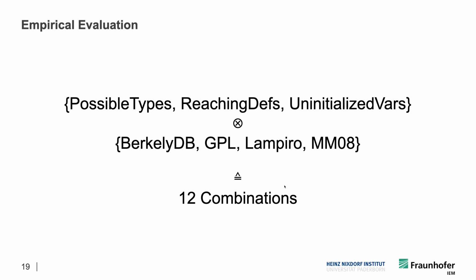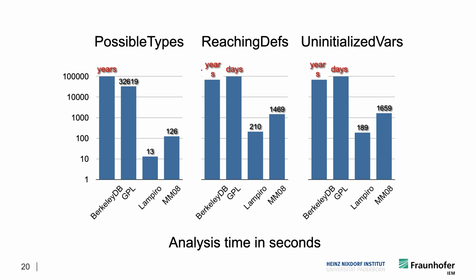But even if you analyze only these 12 combinations, we saw that these are the analysis times that you get. So in the best case, in the case of Lampiro, the Lampiro application with the possible types analysis, we had an analysis time for all these software products that amounted to 13 seconds.